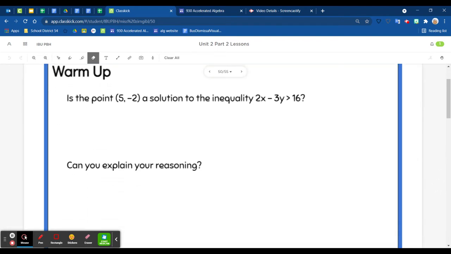My warm-up asks if the point (5, -2) is a solution to the inequality 2x minus 3y is greater than 16. Let's find out. I'm going to start by labeling my x and y for the pair, and then I'm going to rewrite my inequality with those values in.